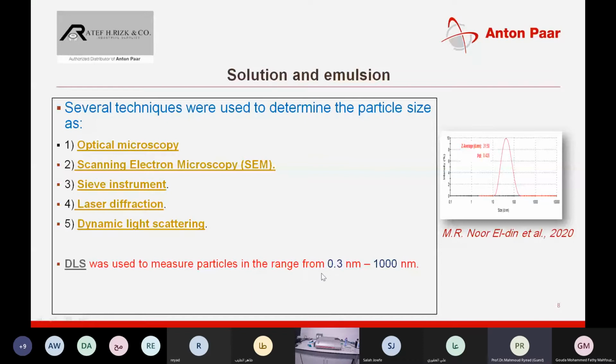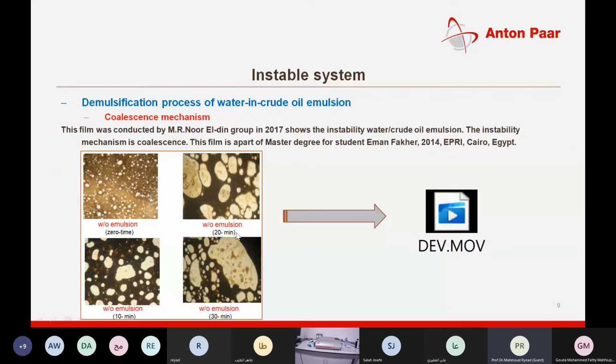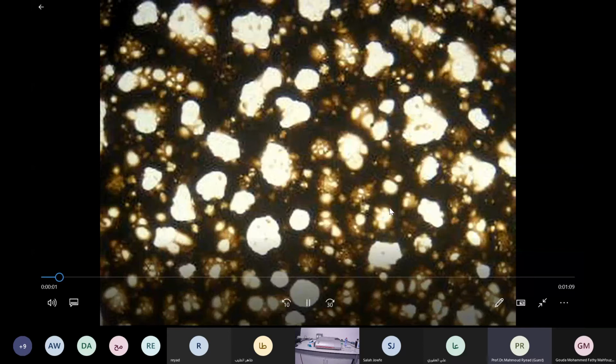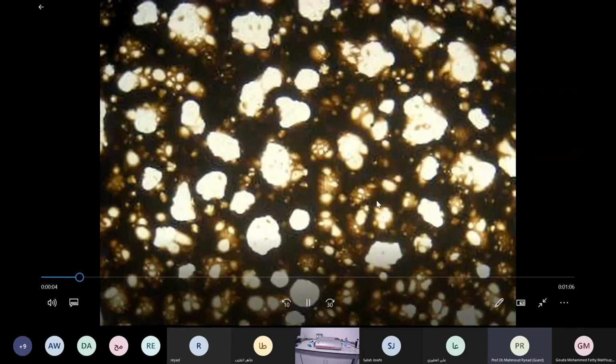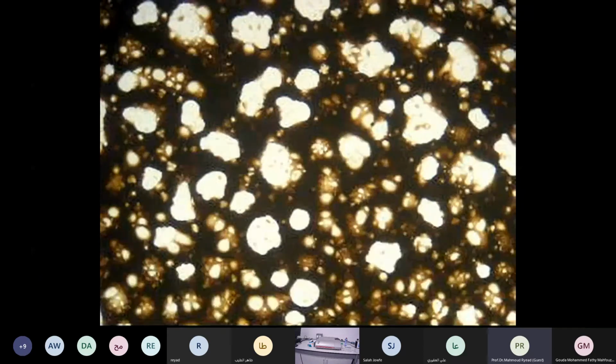In the following slides, we will show four films that display the stability and instability of emulsions prepared under certain operating conditions. In this film, we evaluated the stability of a water-oil emulsion at the initial time point.